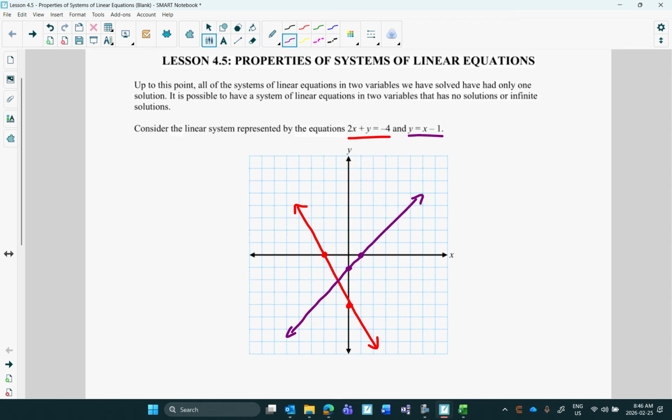Okay, what's the solution to this system? Where do you find it? Where they cross each other. So what's the solution? Read this coordinate. What is that coordinate? -1, -2. Okay? One solution. Those are the ones we've been doing.